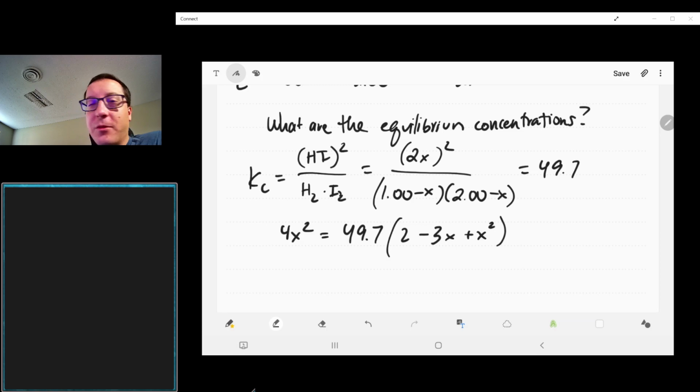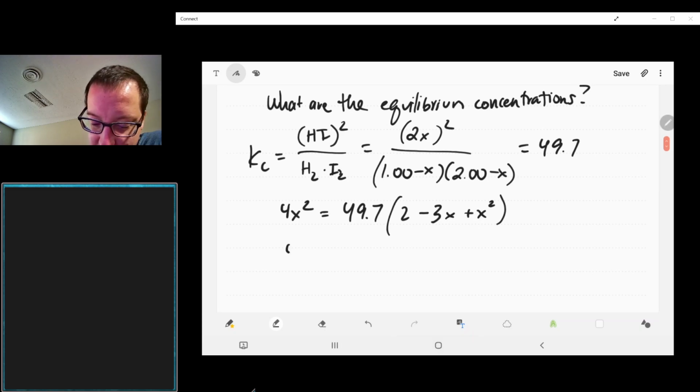We can throw this in our calculator, or we can use our quadratic formula here. Technically, we should distribute those. So 4x squared equals, what is this going to be? 99.4 minus, oh, forget it.